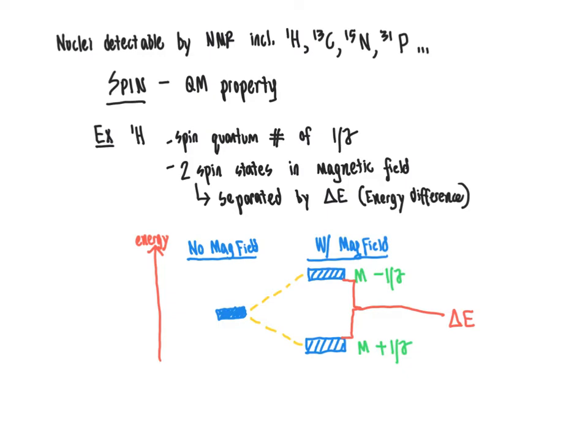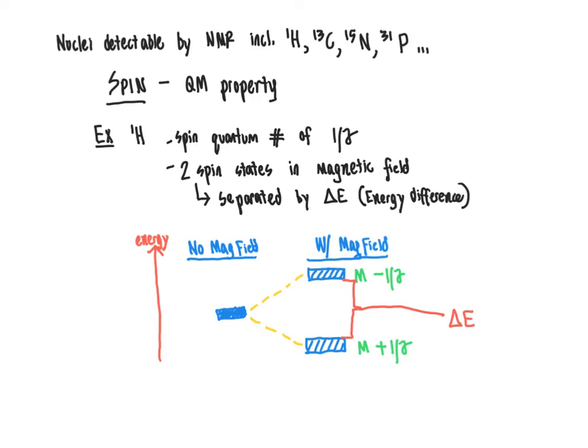And those two spin states arise exclusively when the nucleus is placed into a magnetic field. So this delta E is what we are going to be measuring in order to ultimately get information that will allow us to determine features of the structure of the molecule.